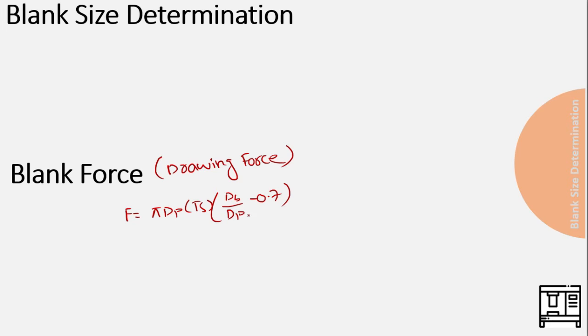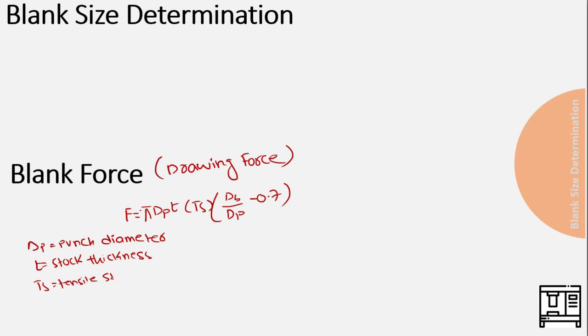As you know, t is the thickness of the blank. There is a t here as well. Let's make a correction: into the thickness. So we have dp equal to punch diameter, t is the stock thickness, and TS is the tensile strength, right? And db is the blank diameter.